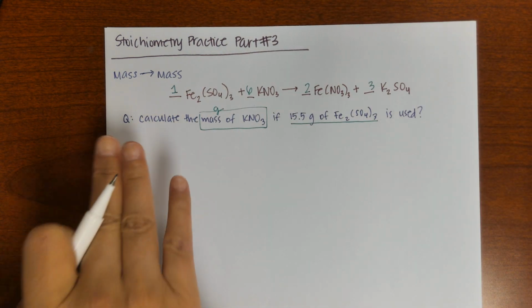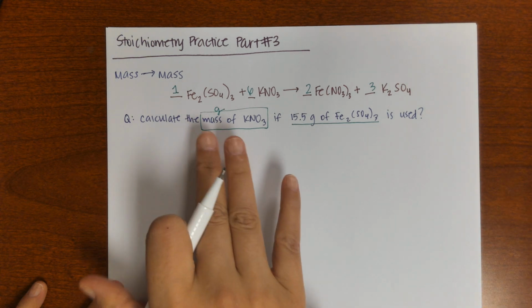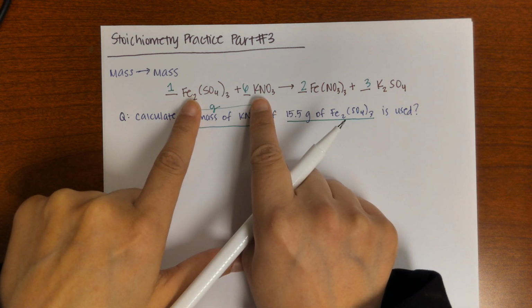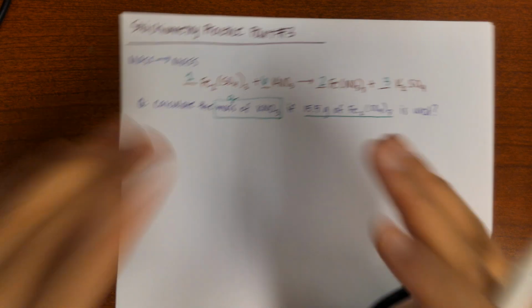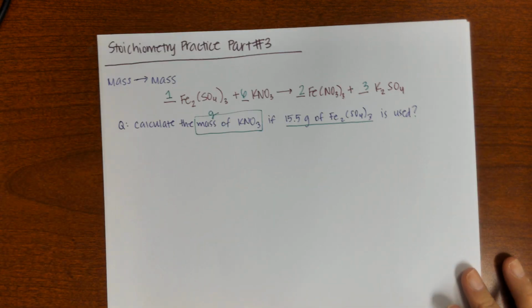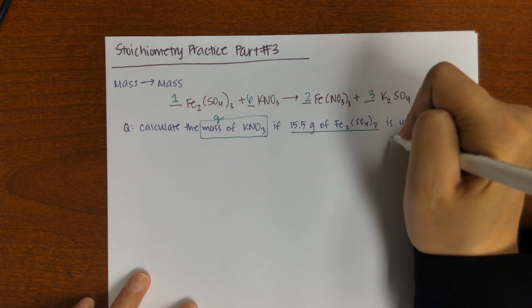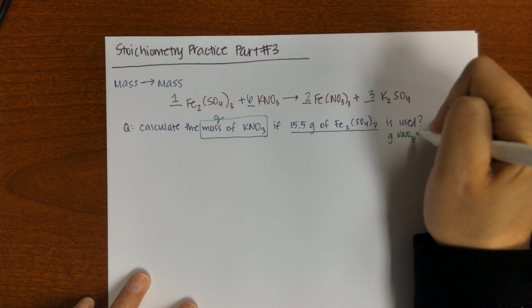Since it's mass to mass, you don't have to do this, but I highly recommend finding the molar masses of each of these first, because that's a lot of calculations, and then whenever you need to use them in your train tracks, they're ready to go. So I'm going to put this to the side here, grams of KNO3.